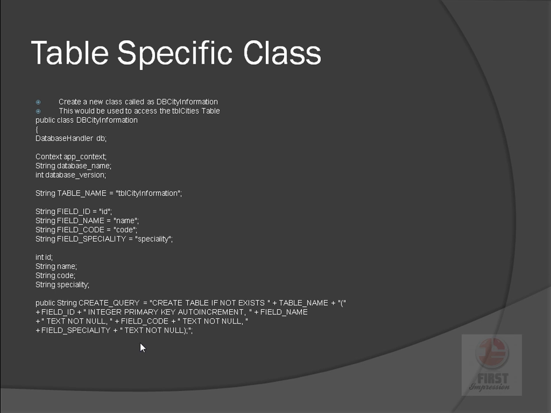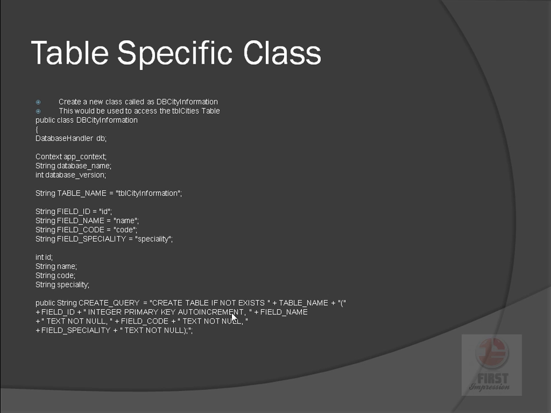The create query says create table if not exists, the table name. So whenever you are reading this, you will read it like this: create table if not exists, TBL city information, plus we add a string to it, in brackets, plus ID, that is field ID, plus integer primary key auto increment, comma, double quotes, plus.